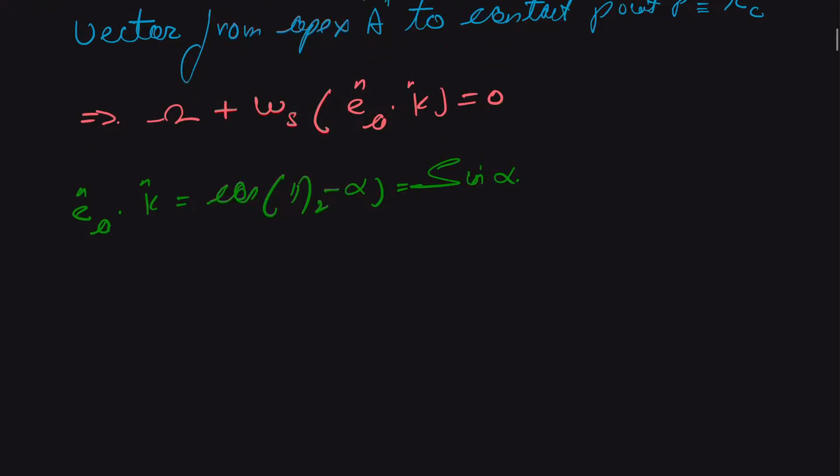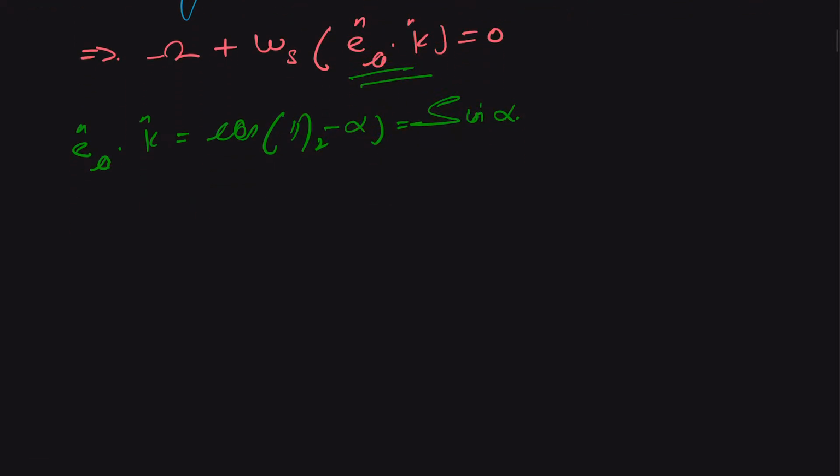Okay. And we substitute, and therefore this gives us that our capital Omega plus omega s sine of alpha is equal to 0, or we can say our spin velocity will be equal to minus omega, which is our precession velocity, divided by sine of alpha.